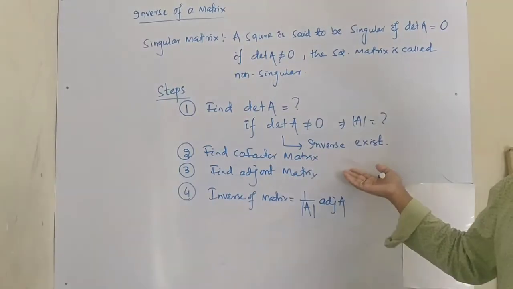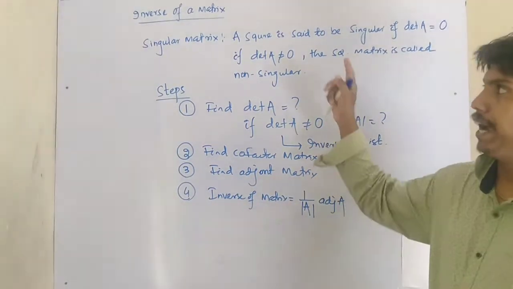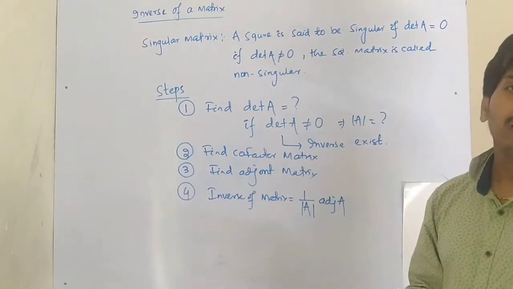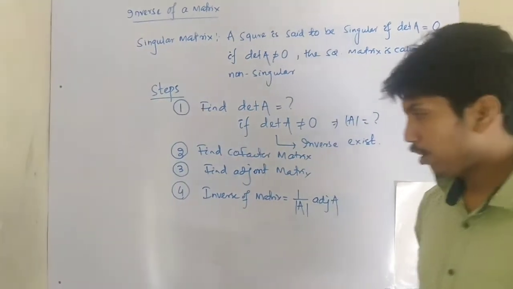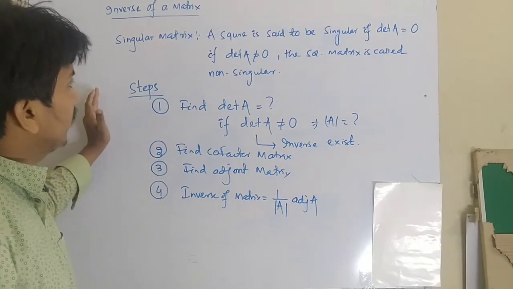So you can find the values, put them in the formula, and easily find the inverse matrix. Now I will give you an example of a 2 cross 2 matrix, so that you can understand this.